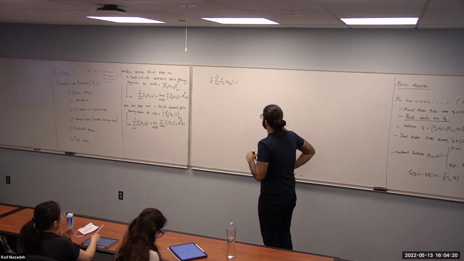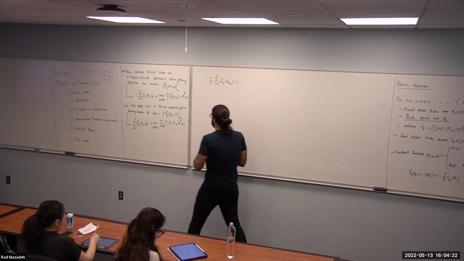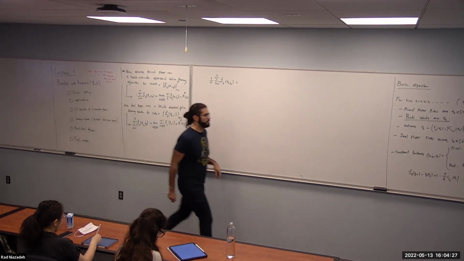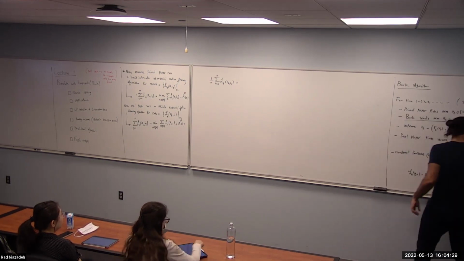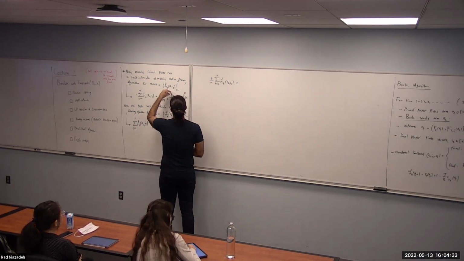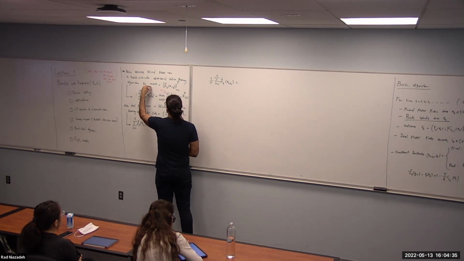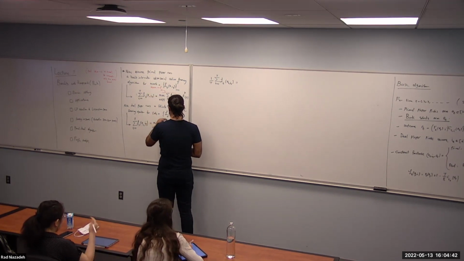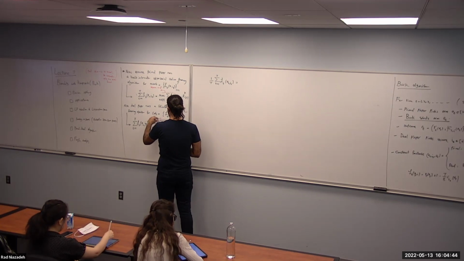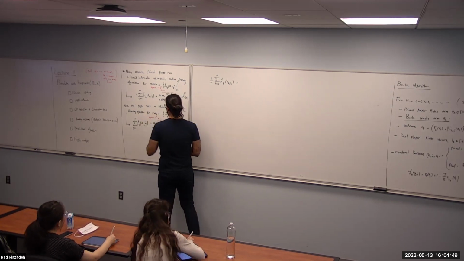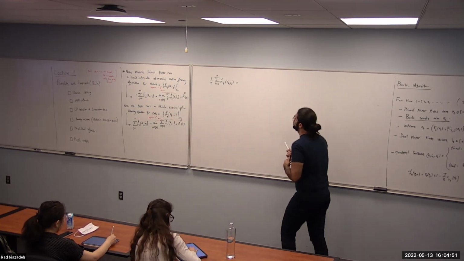Okay, so let's say the argmax here is some arm a star, and then the argmin here is some resource i star.